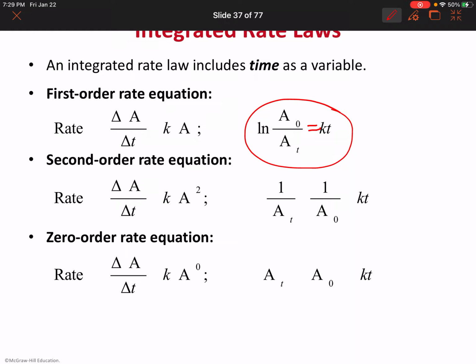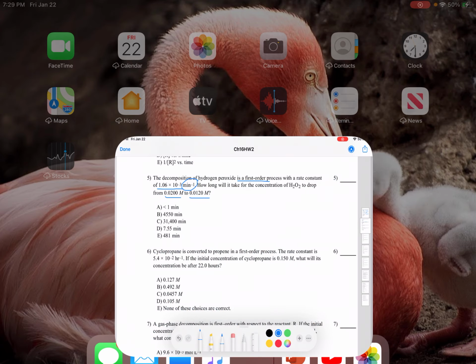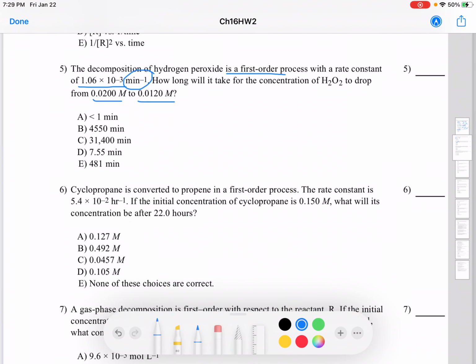In the question, ln of A naught over At equals kt. Because we have two different concentrations, at time 0 and at a certain time.